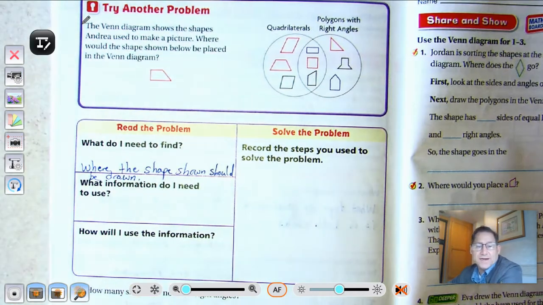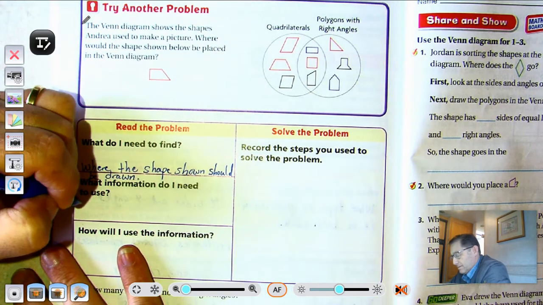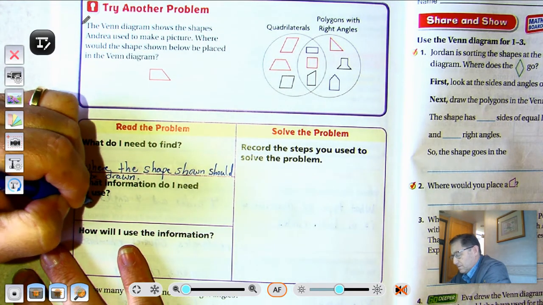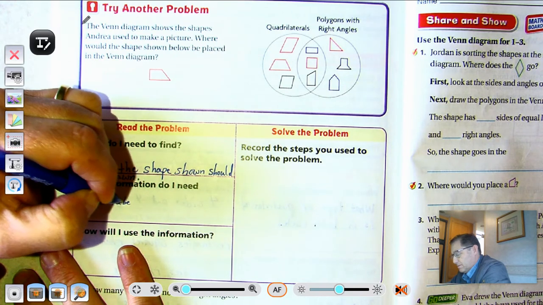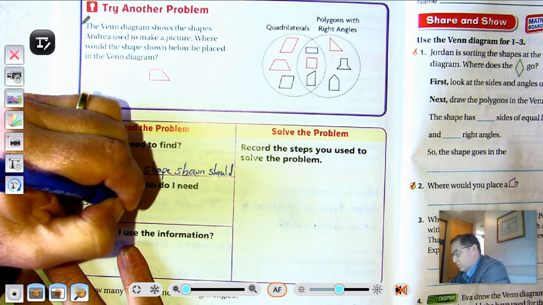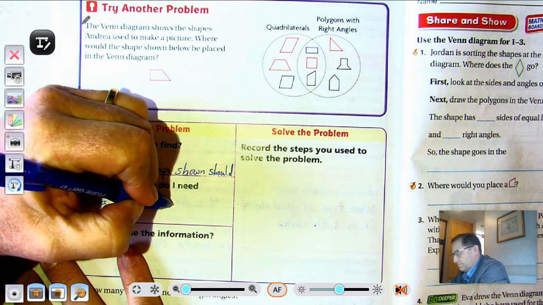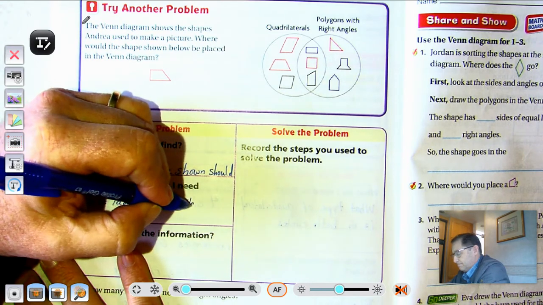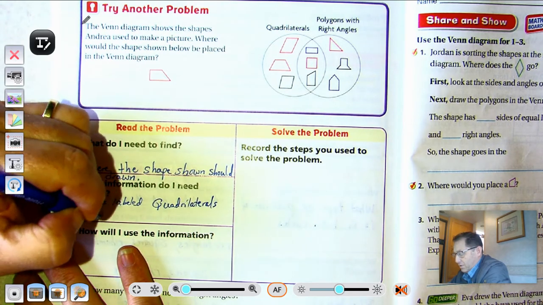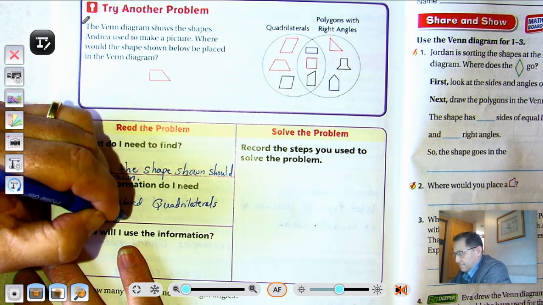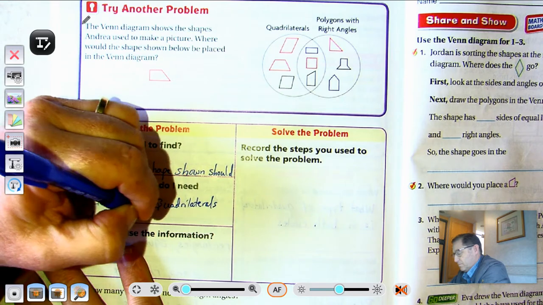What information do I need? The circles labeled quadrilaterals and polygons with right angles.